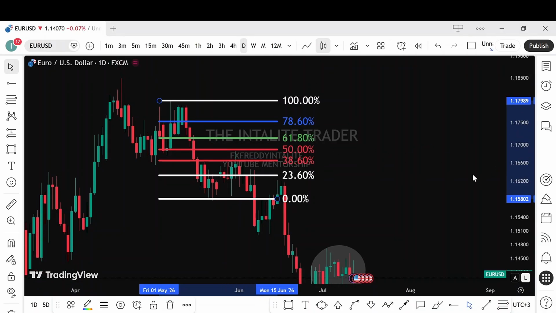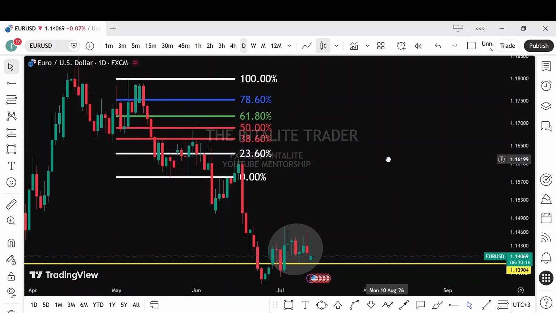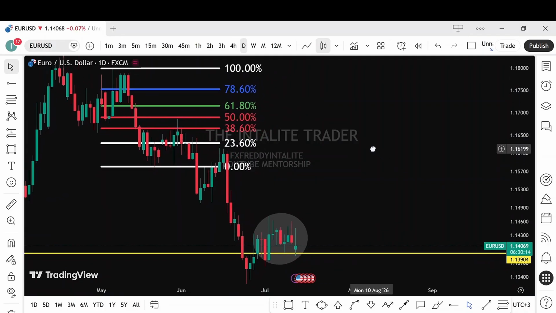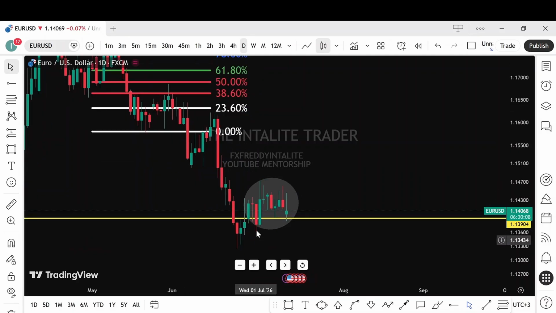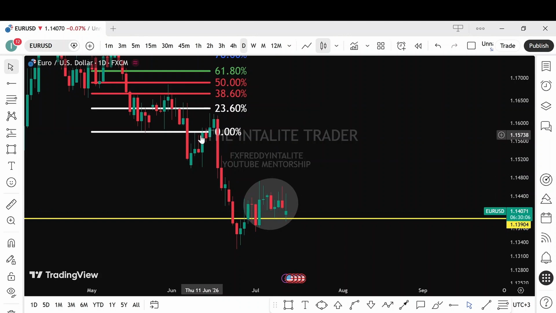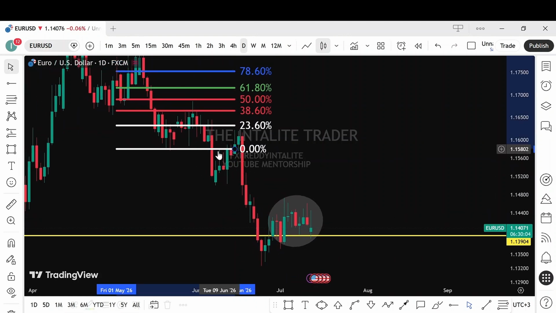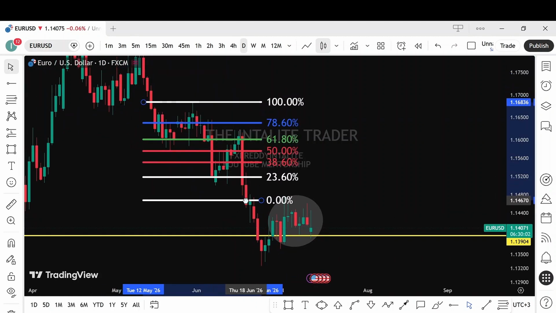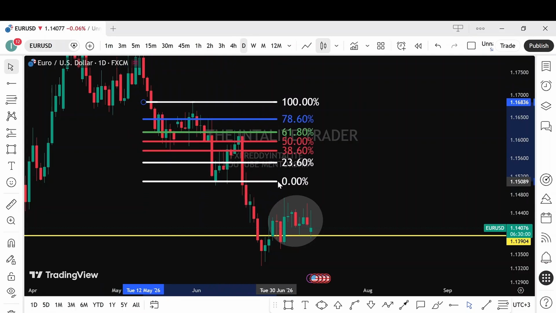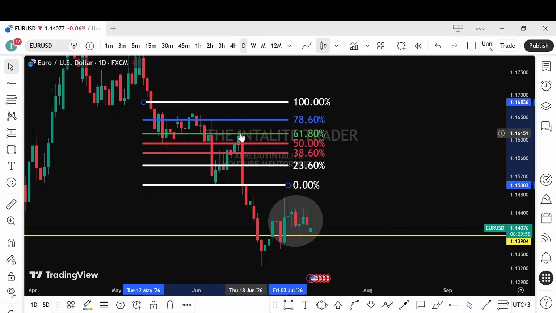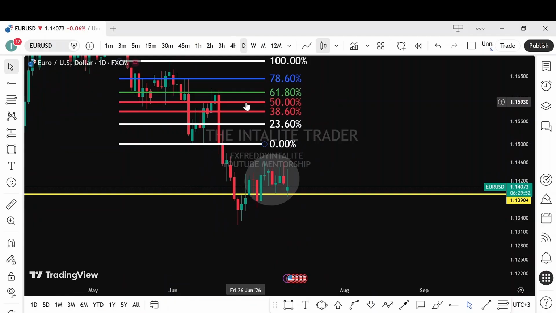But as I said, shallow pullbacks in most cases will occur when the price is strongly trending. So after that, you see price dropped strongly. Then we could also take this, if we had missed that, you come to this. This is also a deep pullback and then price dropped. So what happens next?